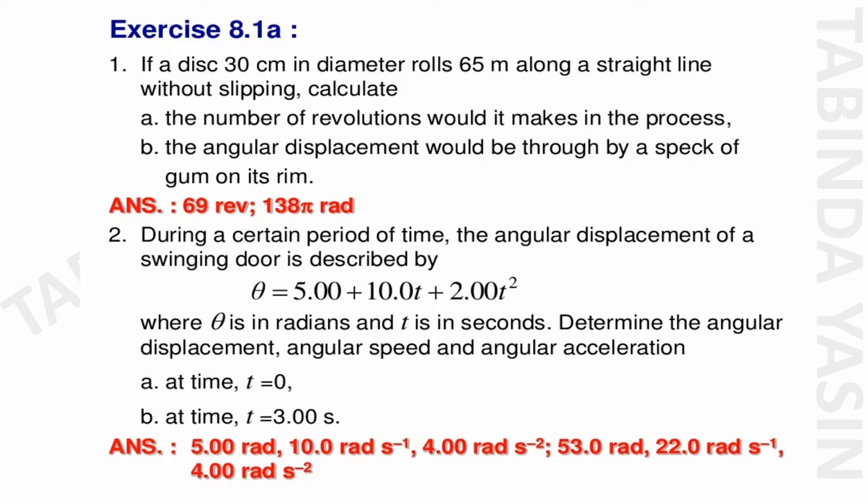We're going to follow the same process and steps done previously, and you have to get the answer of 69 revolution and 138 pi radian.